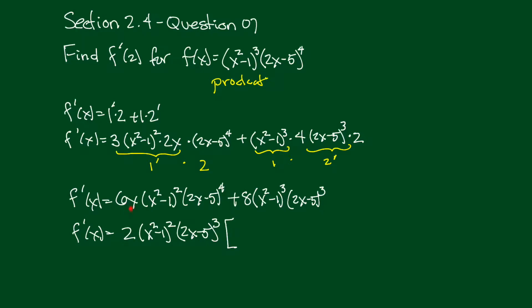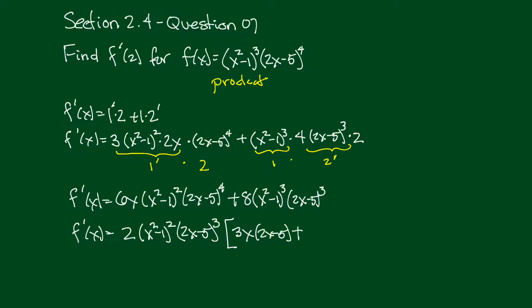Well, there was a 6x. I took out a 2, so there's a 3x left. Let's see, what did we have? We took out both of the x squared minus 1s, but only one of these. We had 4, we took out 3, so there's 1 left. There's a 2x minus 5 left.